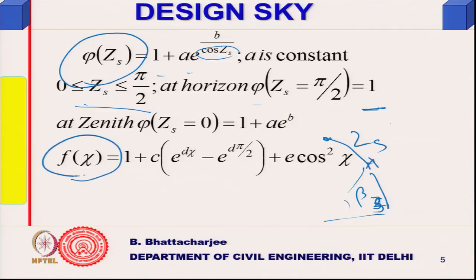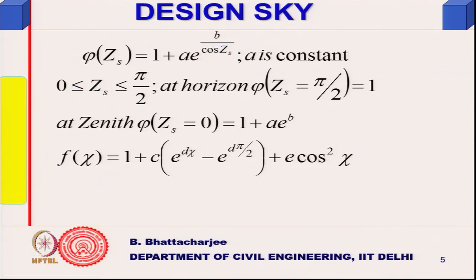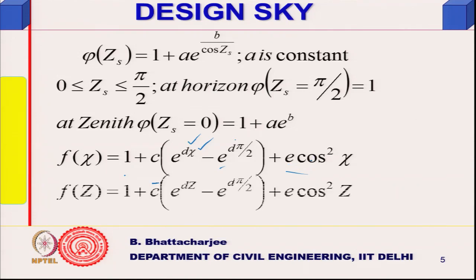Now, this function is defined in this manner: 1 plus c e to the power d into this, and e to the power d pi by 2 minus. So there is a similarity here also.